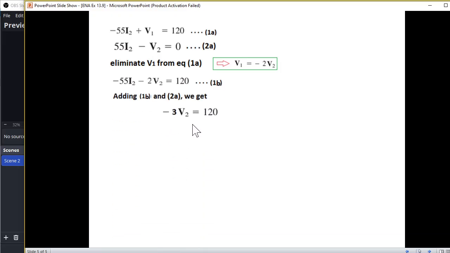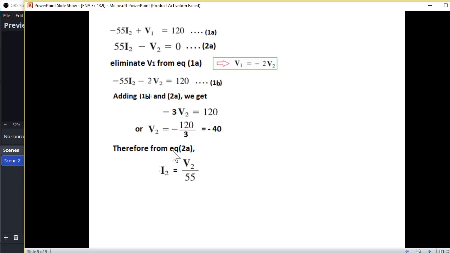Minus 3V2 is equal to 120, and therefore V2 is minus 120 over 3, which is equal to minus 40 volts. V2 we have found. And now putting into equation 2a, we can find I2.